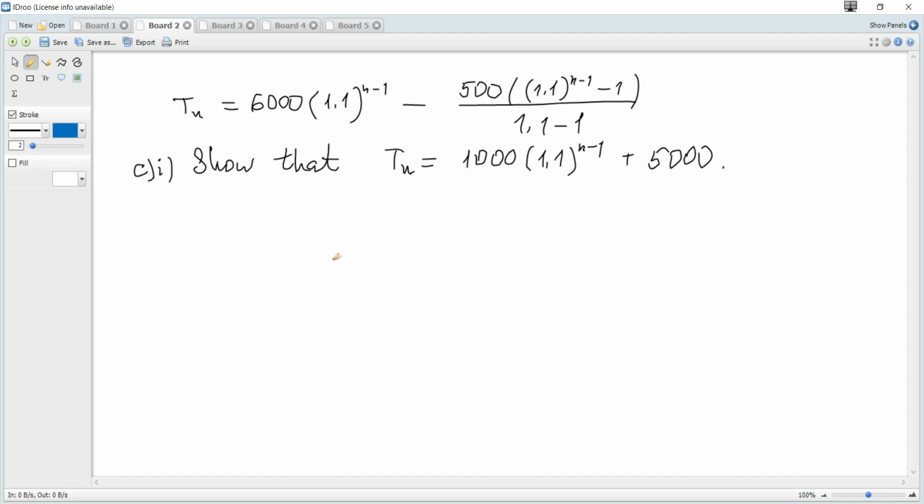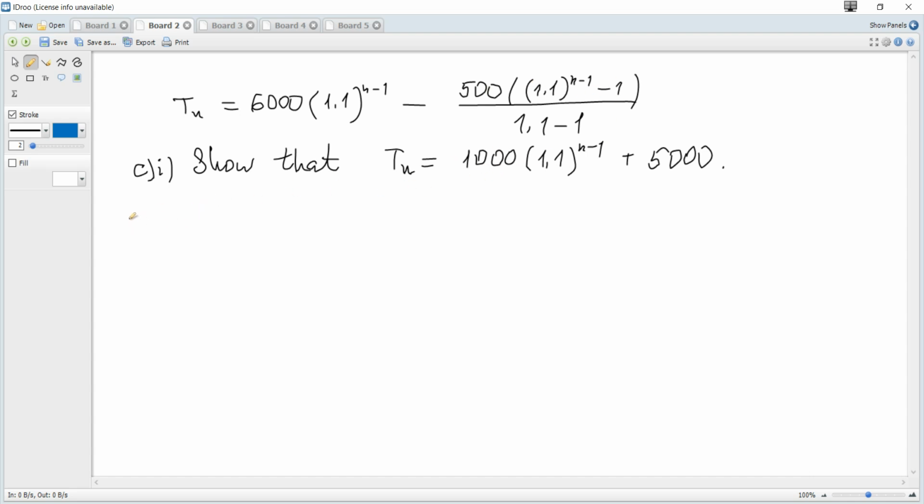it is also known that Tn is equal to this. Part C shows that Tn is equal to this. So we need to just simplify this. And how can we do that? You can see that the denominator here is 0.1. So we can just consider 500 divided by 0.1, which is what, 5,000, and then expand to get this.